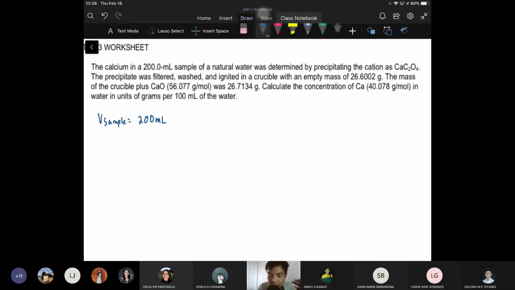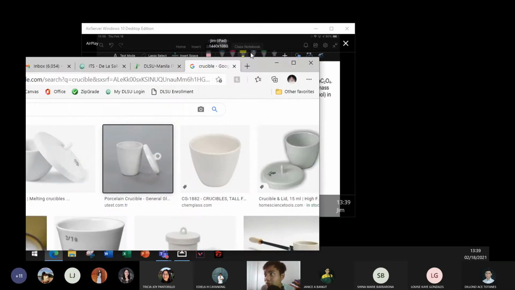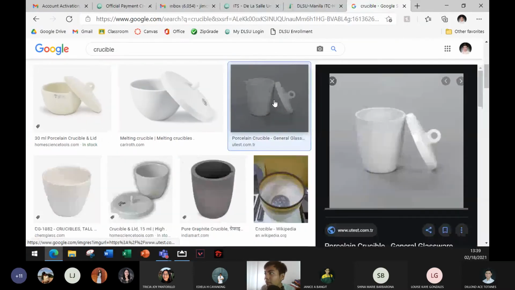Ignited in a crucible with an empty mass. So, ano ba itsura ng crucible? Let me show you. Pakita ko sa inyo itsura ng crucible. Wala kasi tayo sa lab kaya mahirap siya i-imagine, no? So, ganito yung itsura ng crucible. Show ko dito. Ayan.